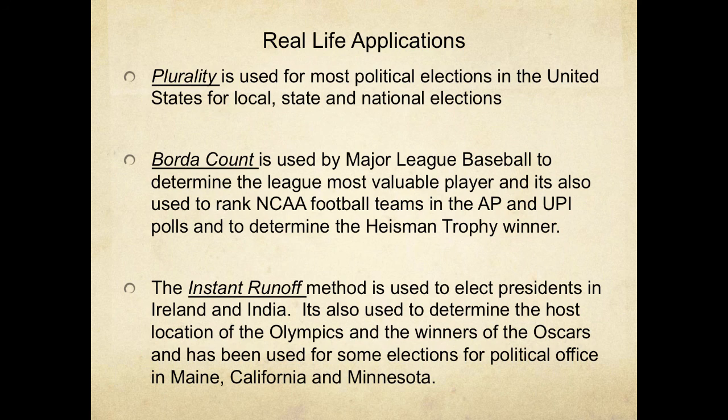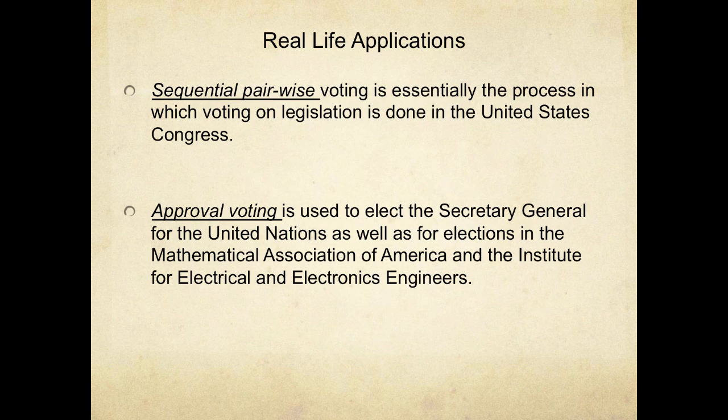The instant runoff method is used to elect presidents in Ireland and in India. It's also used to determine the host location of the Olympics and the winners of the Oscars. And it's been used for some elections for political office in Maine and California and Minnesota. Sequential pairwise is essentially the process of voting on legislation that's done in the United States Congress.